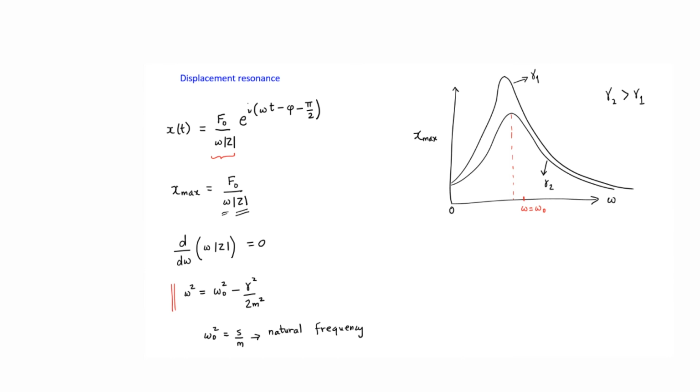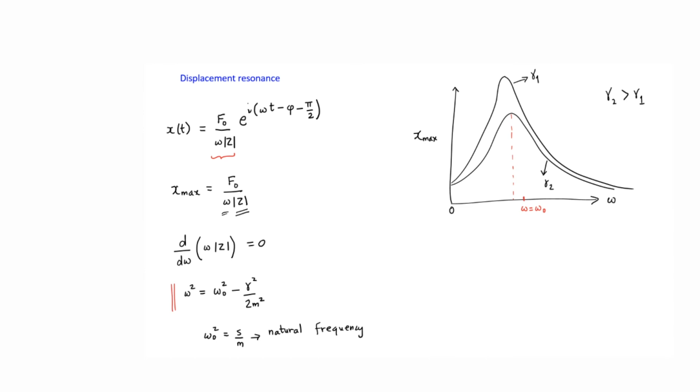Just to interpret this curve physically, it tells us that if you have an oscillating system which is damped and you are driving it with some angular frequency, and if you are changing the angular frequency, then the response of the system would be greatest. The response here is measured in terms of the amplitude of the oscillation.